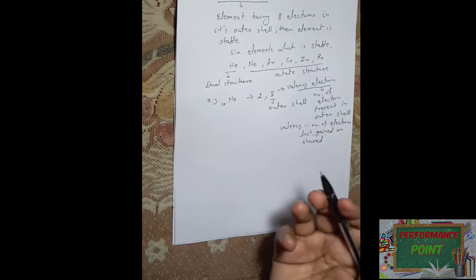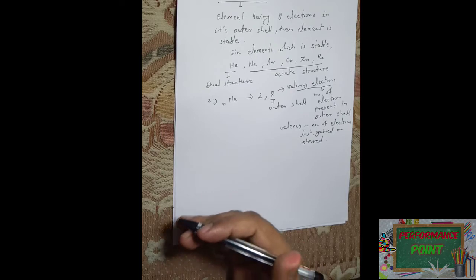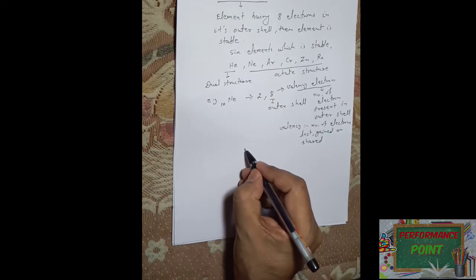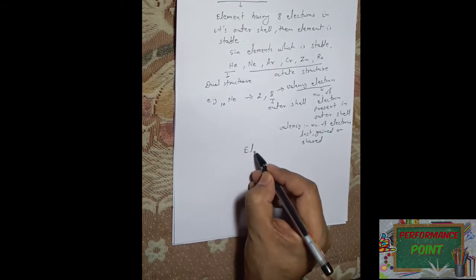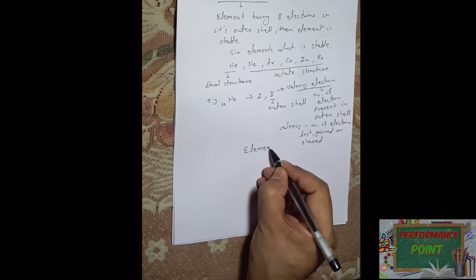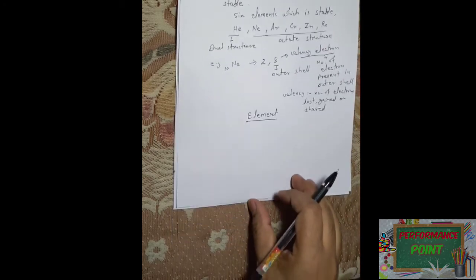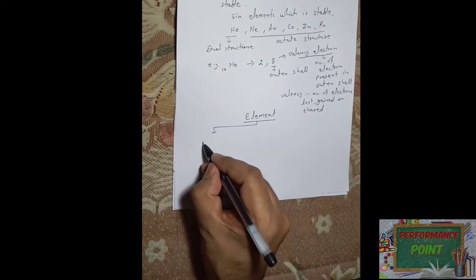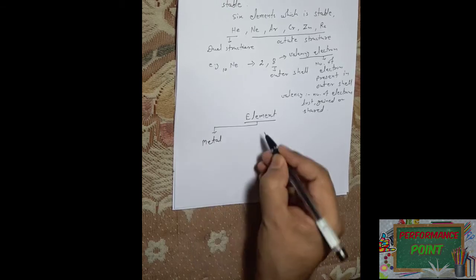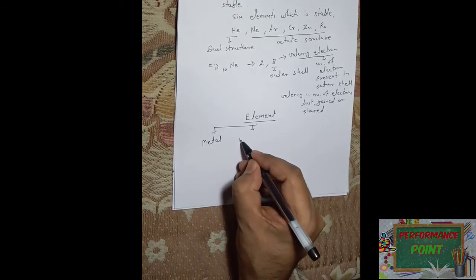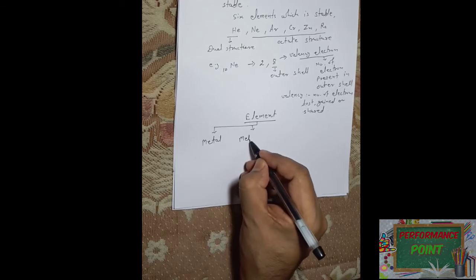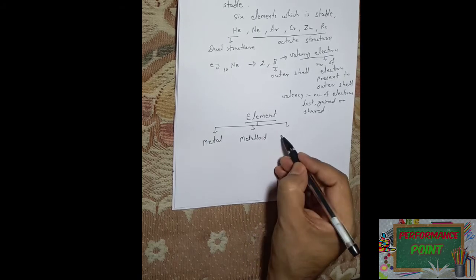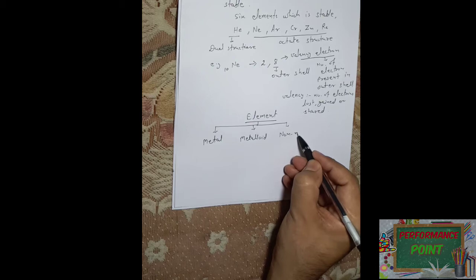So we're going to go for the classification of elements. If we classify the elements, they are classified into 3 parts. One is metal, second is metalloid, and third is non-metal.